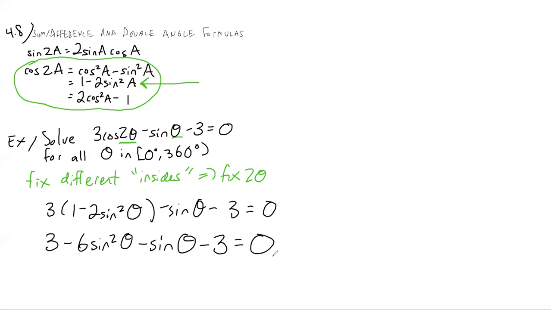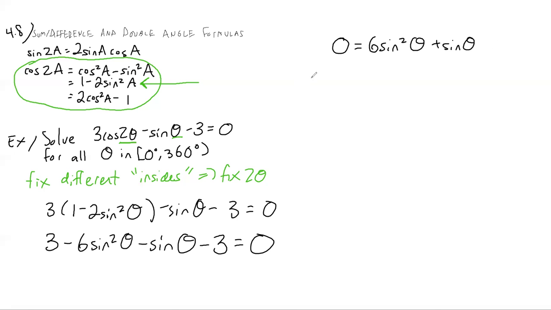So I'm going to move everything to the right so that my sine squared is positive. So I'm going to get 6 sine squared theta and then plus sine theta, and actually, yeah, so the 3's are going to cancel. Yeah, I'm okay with that.